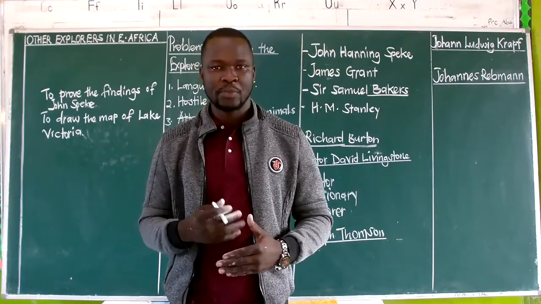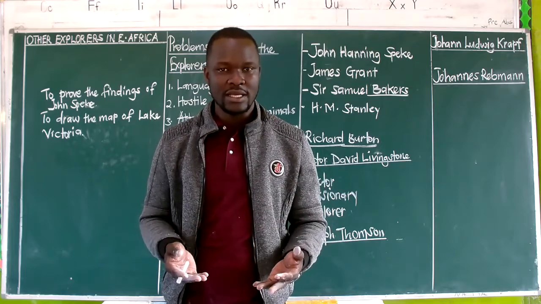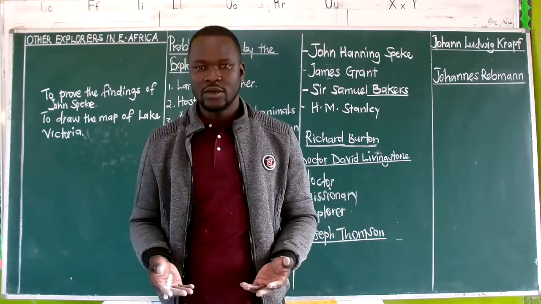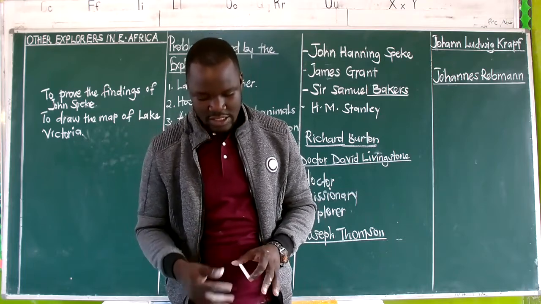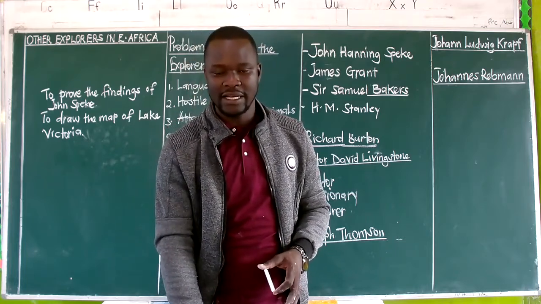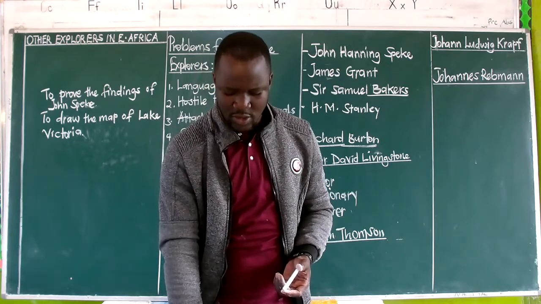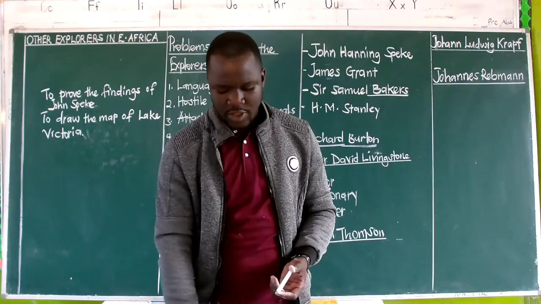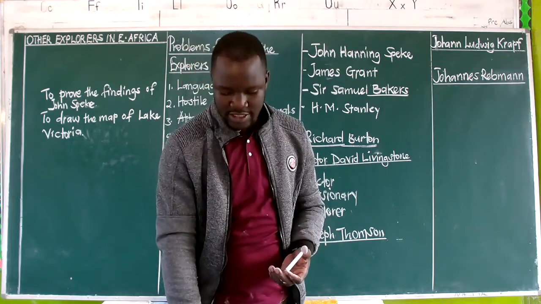So when they came, like we talked about missionaries, explorers like Dr. David Livingstone, that we said you also say missionary, we find such people who were preaching against slave trade, and of course it helped the Africans to be freed from that act. So that was also the good part of the coming of these explorers to East Africa.